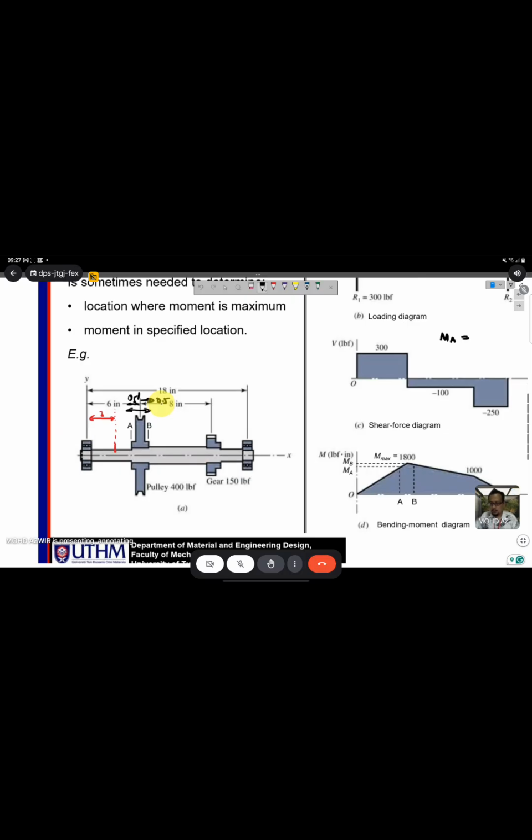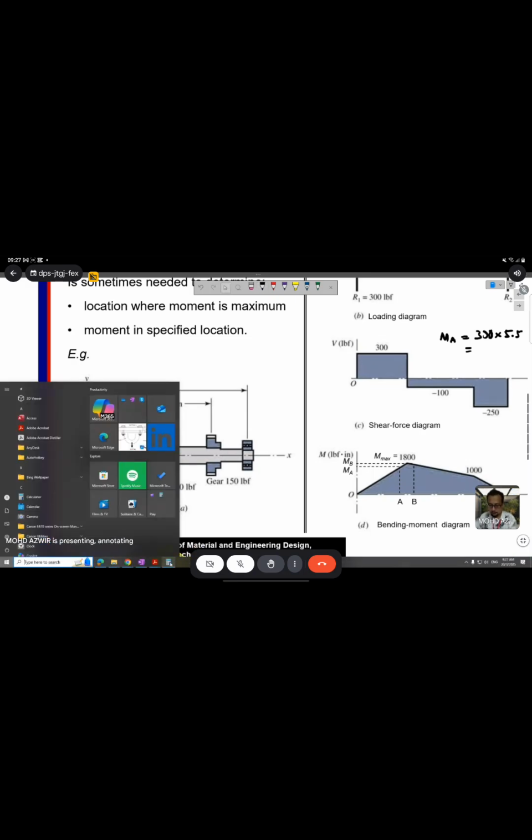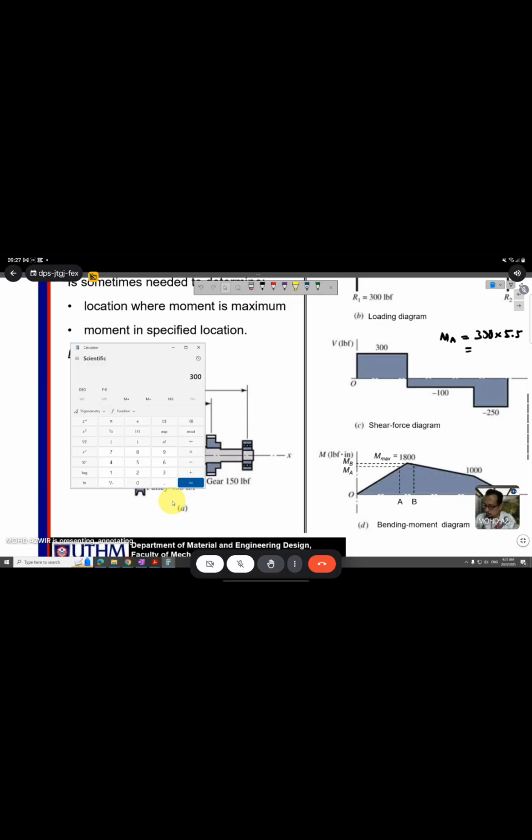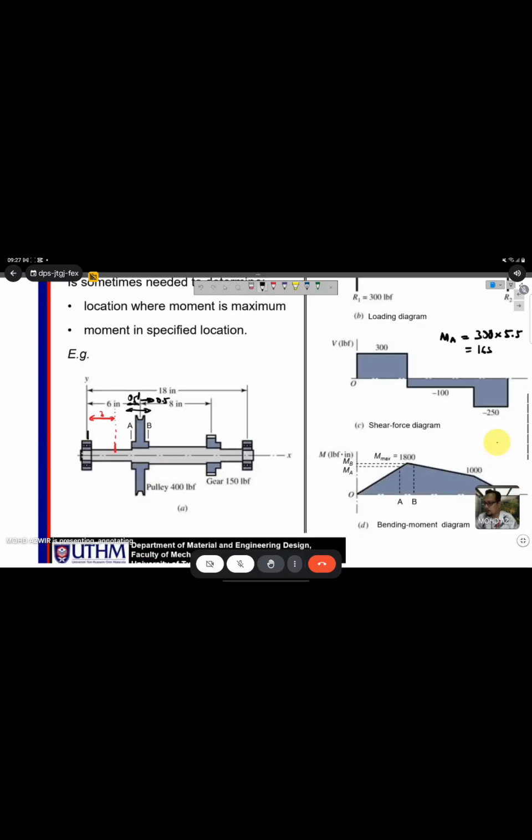Point A, the distance from Y is about 5.5 inch. So 300 times 5.5, this is the value of moment A. So you will get around 1650, 1650 Newton meter. Sorry, this one is pound inch.